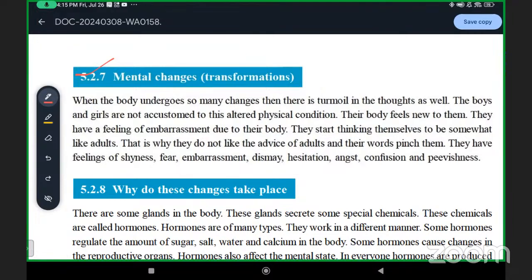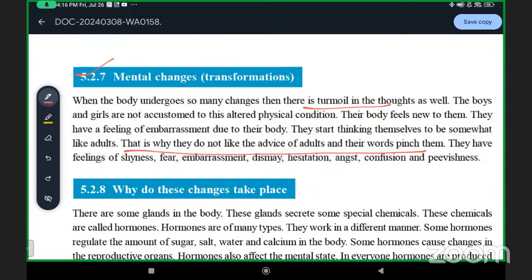Then that is why they do not like the advice of the adults and their words pinch them. Okay, in that phase, when you're correcting them, they say, "Oh, I know, I'm a grown up now. I know this." Okay, so they are going through this mental turmoil because they're changing. Their physical body and everything is changing.